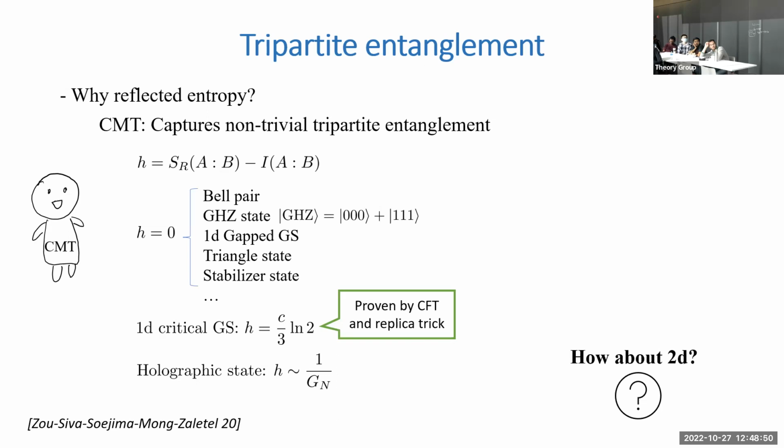So people define this quantity, the Markov gap, as the difference between the reflected entropy and the mutual information. Suppose we first take some simple states to compute the value of the Markov gap, we can already see some really interesting results.